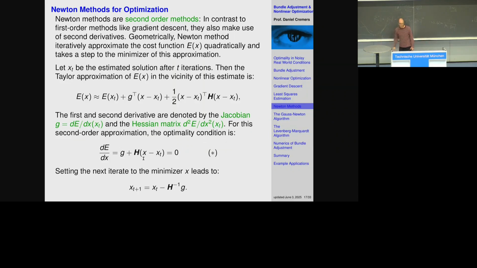That's the next iterate, and so I set the next iterate, xt plus 1, to the solution of this equation. So my xt plus 1 would then be here. And as you can see in this drawing, it is fairly close to the minimum. Obviously this is a technique that's not always going to work.